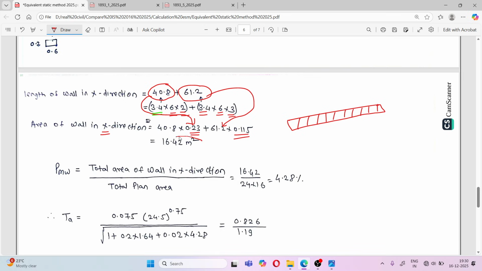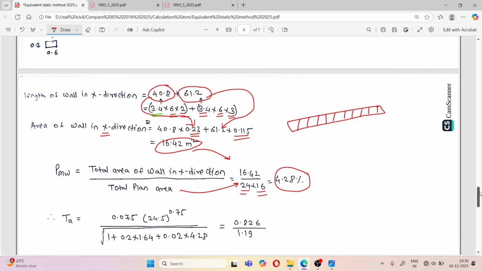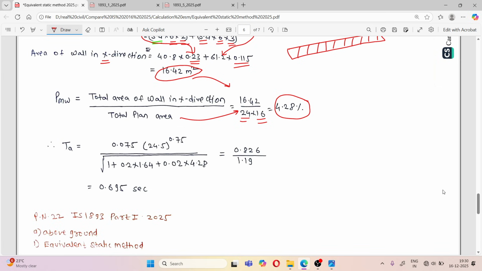If you solve this, it comes out to be 16.42 meter square. To find the density, it is the same: total area of wall in x direction, which is 16.42 meter square, divided by total plan area. We know that 24 by 16. So it comes out to be 4.28%.